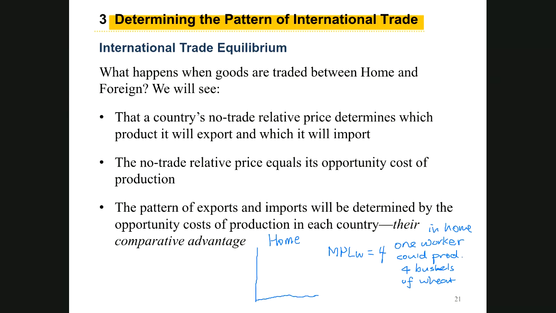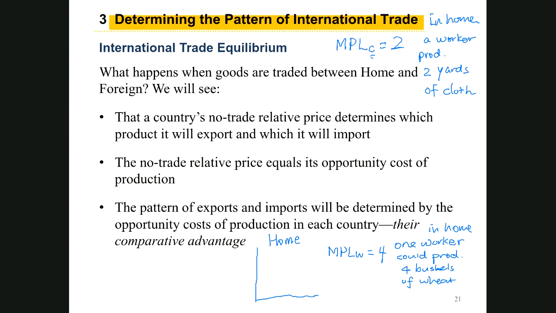I need to know the marginal productivity of labor in the other industry. C represents clothes, right? So in the textbook, the example is 2. So what does it mean? In the home country, a worker could produce 2 yards of clothes, right?